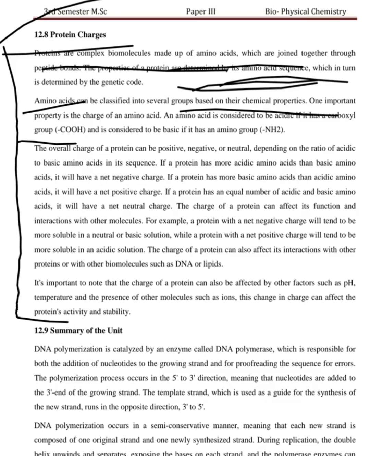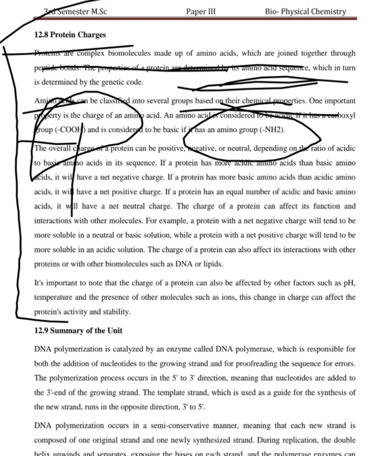Amino acids with amino groups are basic, so proteins with more basic amino acids will have a positive charge. Acidic means negative charge, and basic means positive charge.